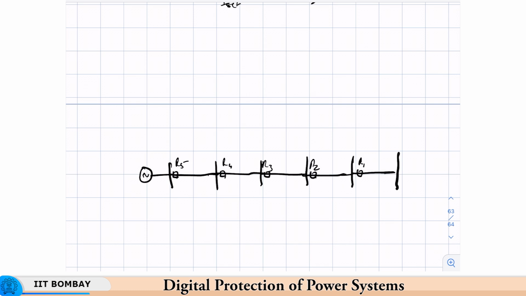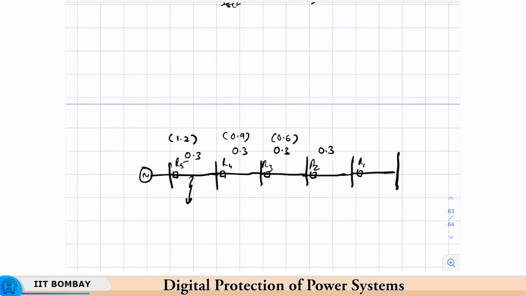This R2 will be delayed by a CTI, which is say 0.3 seconds in this case. Then this will be delayed by another 0.3 seconds, so total operating time here is 0.6 seconds. Then another 0.3 seconds, R4 another 0.3 seconds, which is 0.9 seconds here, and another 0.3 seconds, so 1.2 seconds. So, even if there is a fault very close to the source, R5 will operate only after 1.2 seconds.